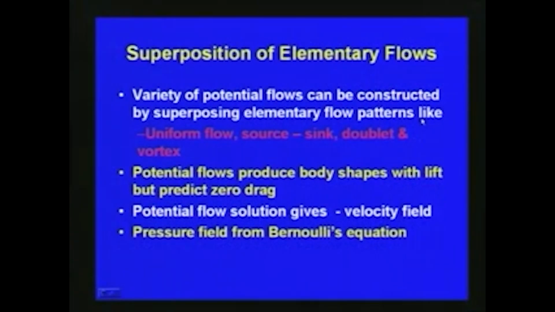As I mentioned, varieties of flows can be constructed by superposing elementary flow patterns like uniform flow, source, sink or doublet, and vortex. Potential flows produce body shapes with lift but predict zero drag. This is another disadvantage of potential flow theory when we compare with real fluids.